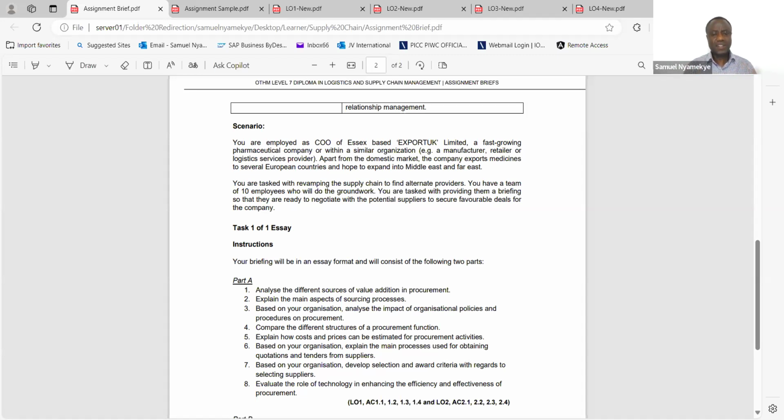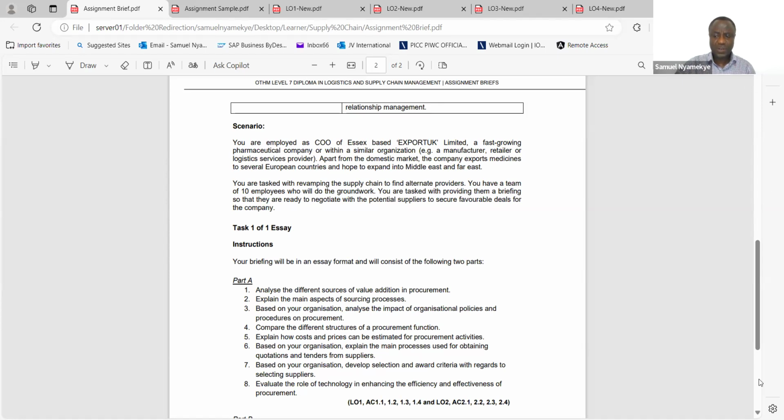Export UK, for instance, has got the sourcing processes. But when it comes to policies and procedures, you have to come up with what relates to Export UK as a case study. So you don't write in the abstract, just write with the company as the case study.